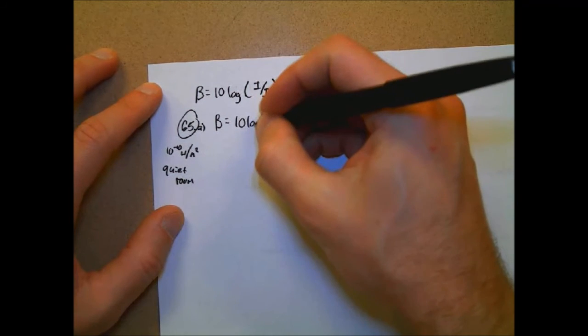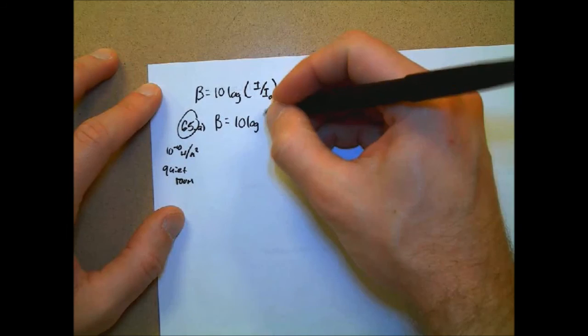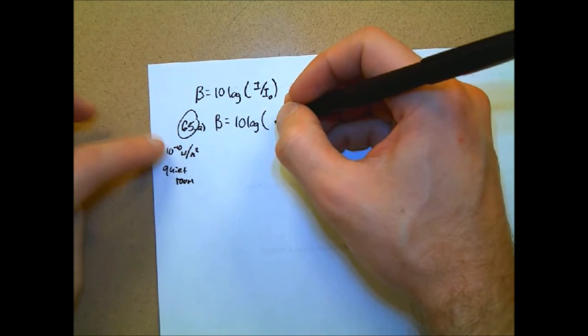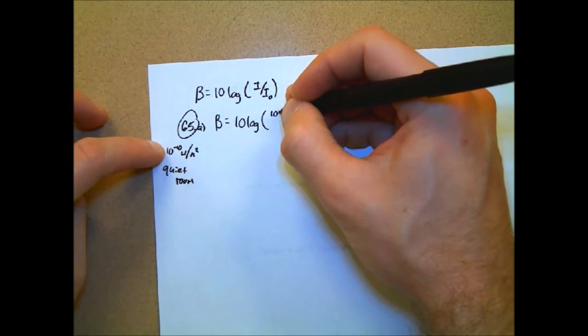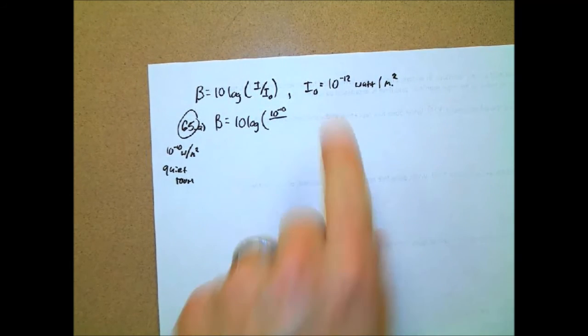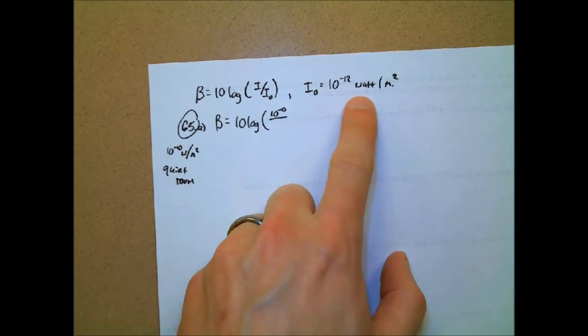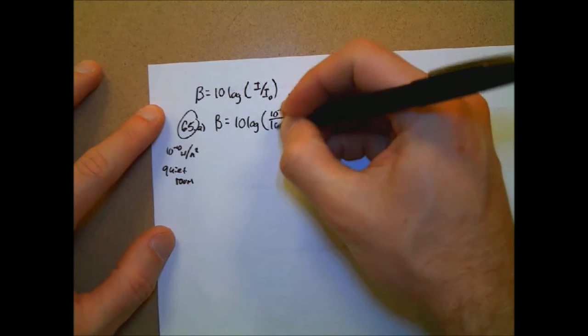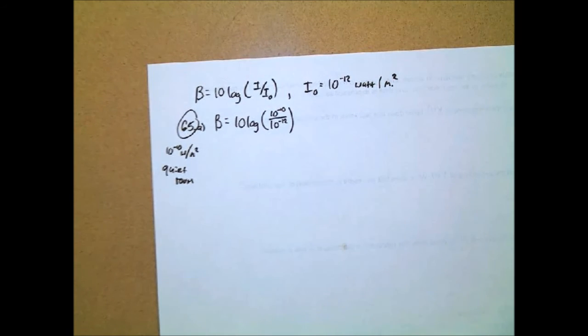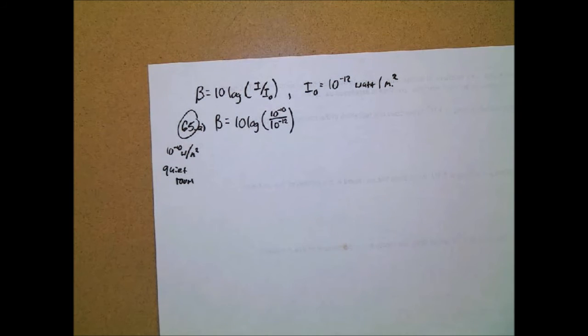So 10 times log of I, where I is the actual intensity of the thing we're trying to measure, so that would be 10 to the negative 10th, over, and we're going to compare that to our base level, which is 10 to the negative 12th, the lowest sound that is detectable by a human ear.